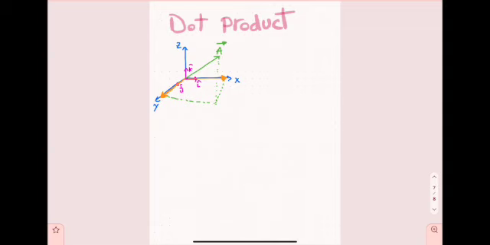And this one has the Ax magnitude, and it is in the direction of i hat. So if I want to show it as a vector, I show it as Ax times the unity vector i hat. Then this one in the direction of y, similarly we can say it is Ay times j hat.